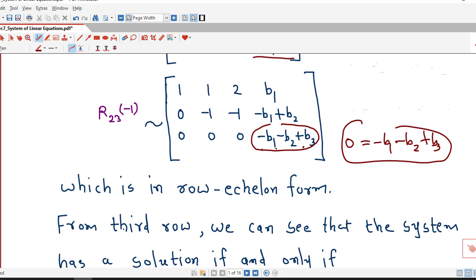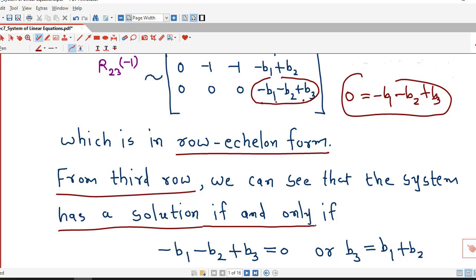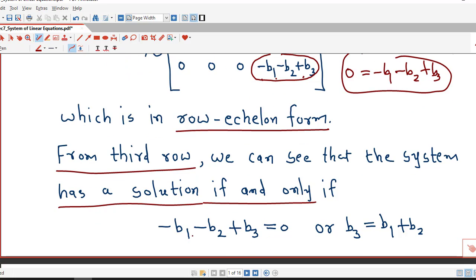So here we have written the matrix, which is in row echelon form. From the third row we can say that the system has a solution if and only if minus b1 minus b2 plus b3 equals 0. This means b3 equals b1 plus b2.